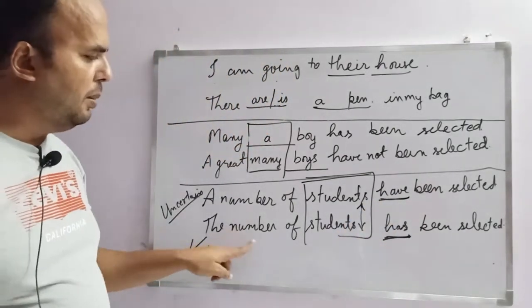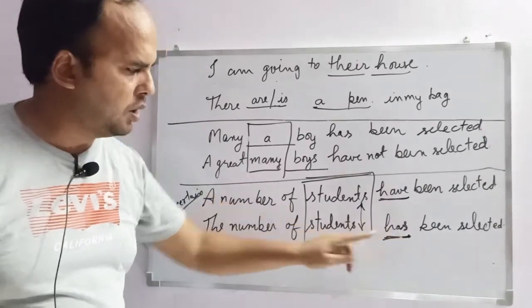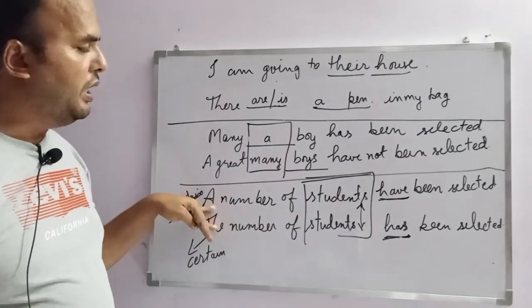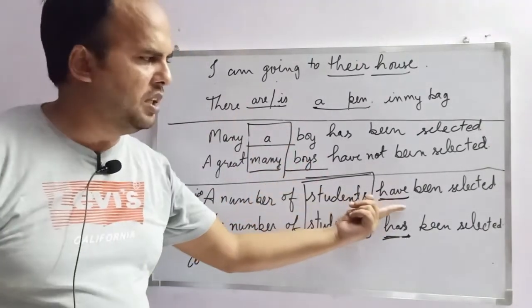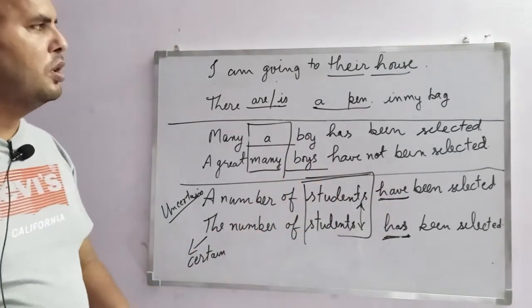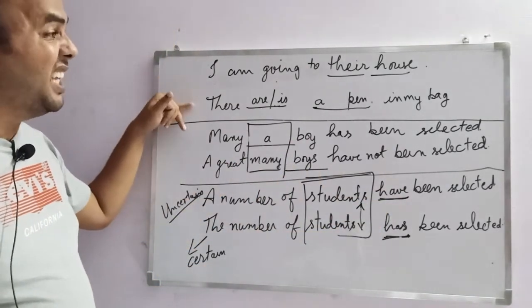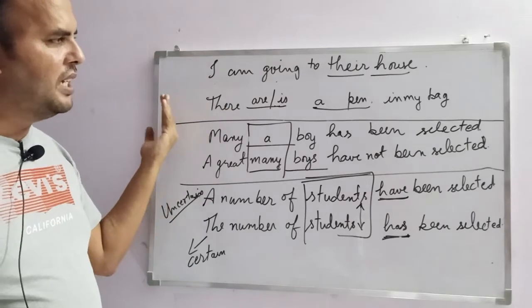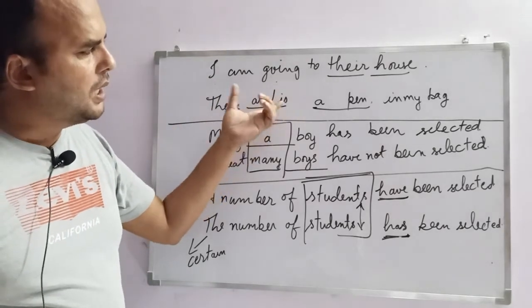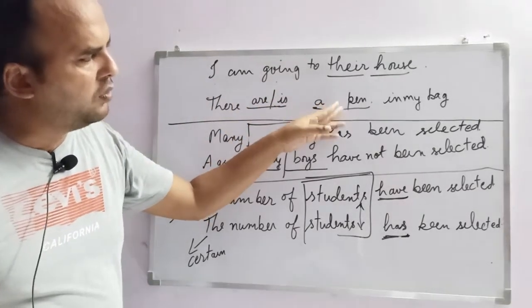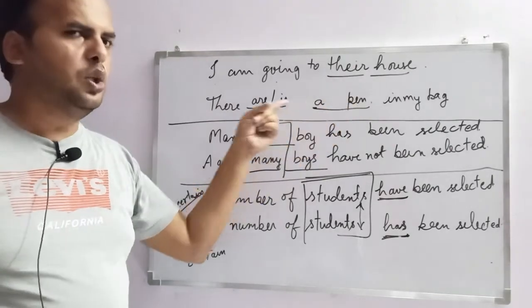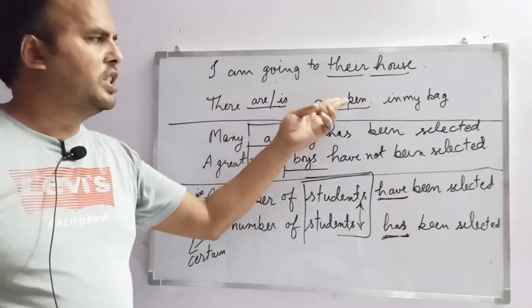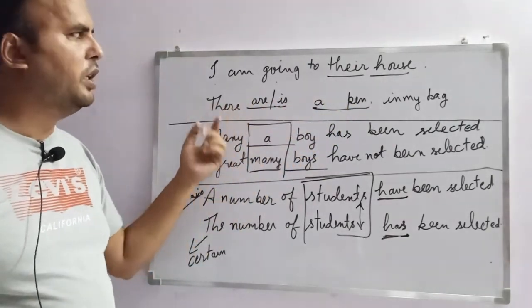Over here, the number, therefore singular, because it is countable. A number of, it is uncountable, therefore have been. So once again, if you are using there at the starting, look what is next to the helping verb. If it is singular, use singular helping verb. If it is plural, use plural helping verb.